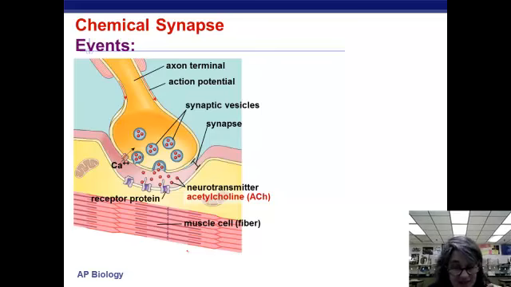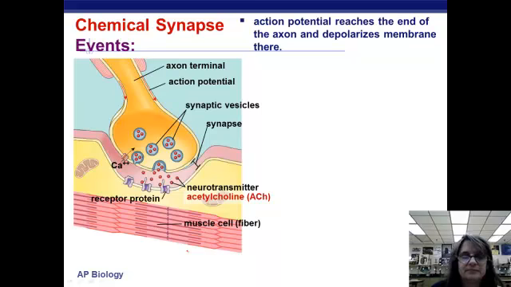This is a detailed slide. Follow it as best you can. This is really critical to know. Okay? All right. So the action potential, that depolarization event, moves along the axon, here's your axon right here, and here is the end of the axon. That action potential moves along the axon and gets to the end.